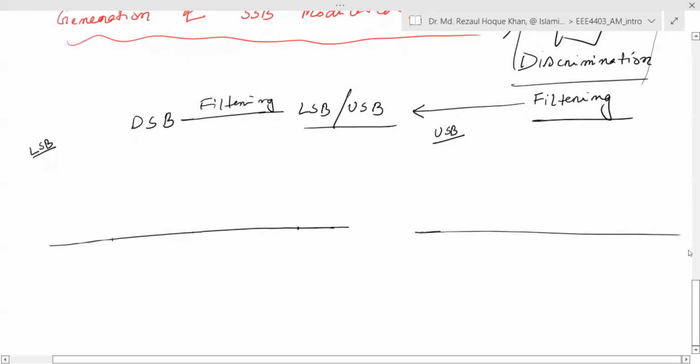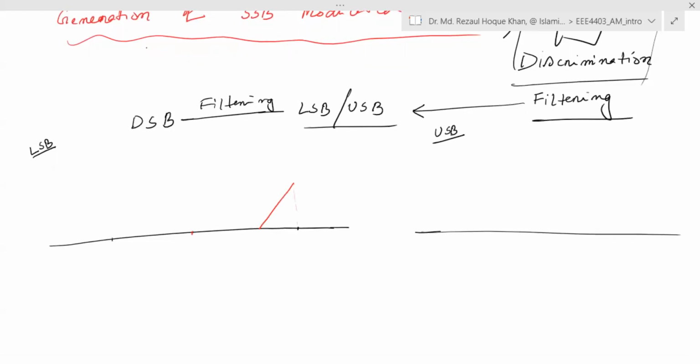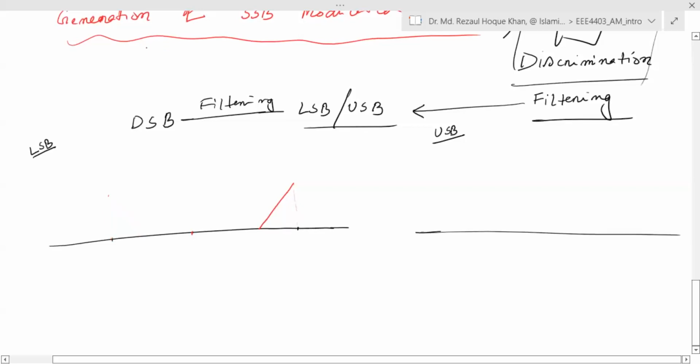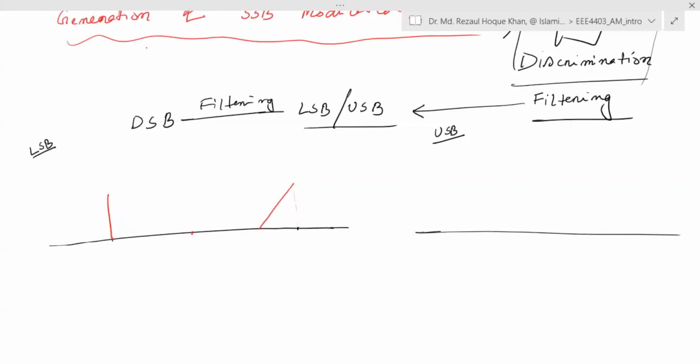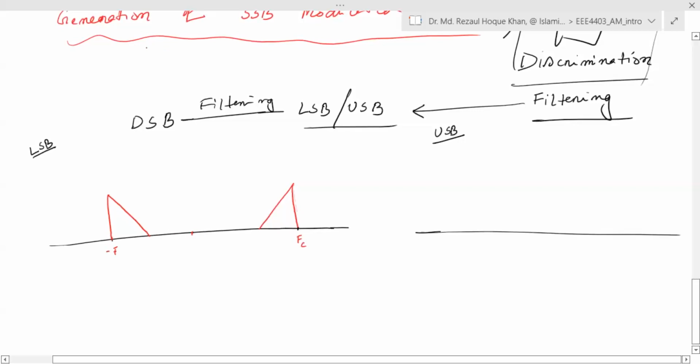So this is our lower sideband, here is our center frequency, which has FC and minus FC.